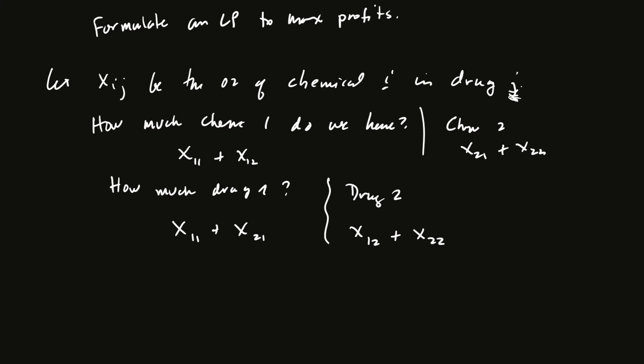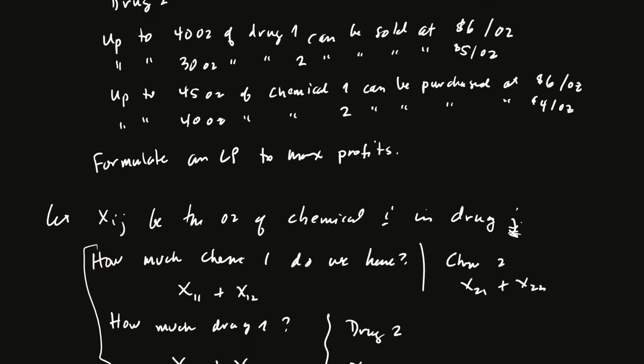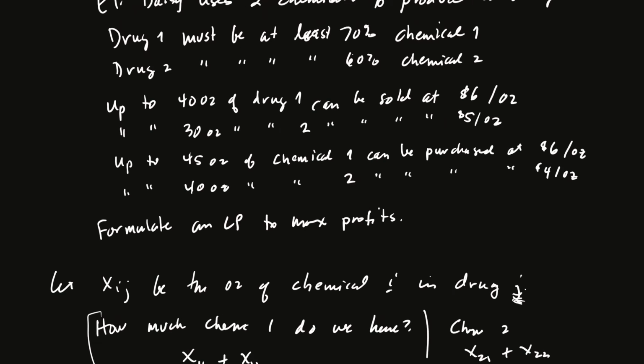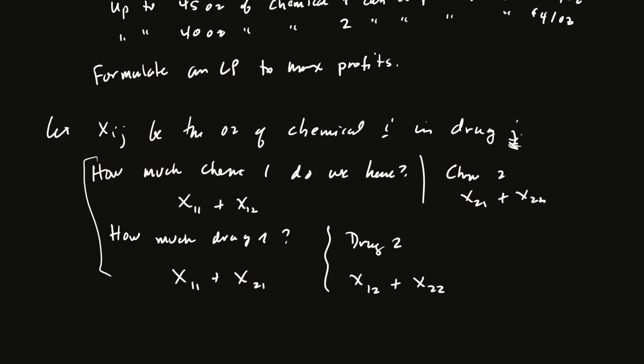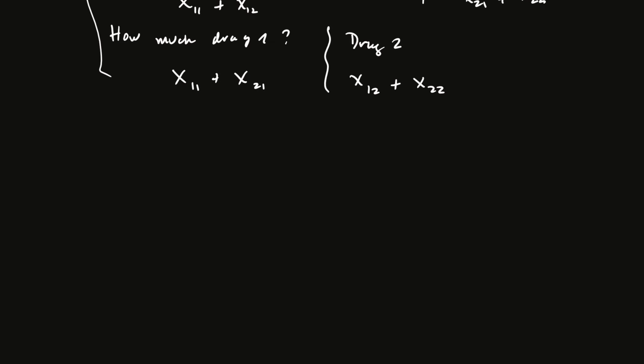Good. Keeping these amounts in mind, let's see if we can use our constraints. The first constraint is drug 1 must be at least 70% chemical 1. So how would we do that?